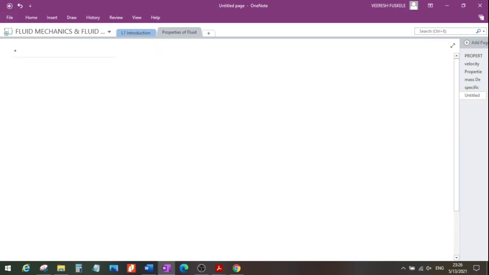So a little more I would like to elaborate on this mass density. Basically in fluid mechanics, these heavy or light words serve to compare the density of one fluid with respect to another. For example, we know that mercury is heavier than water, then we say that water is heavier than oil.